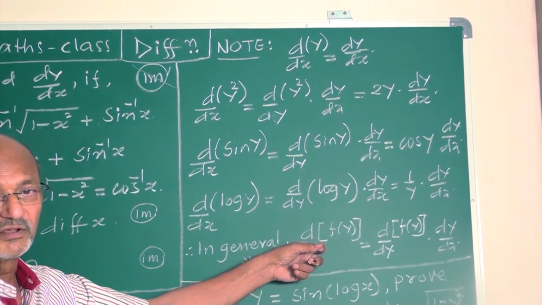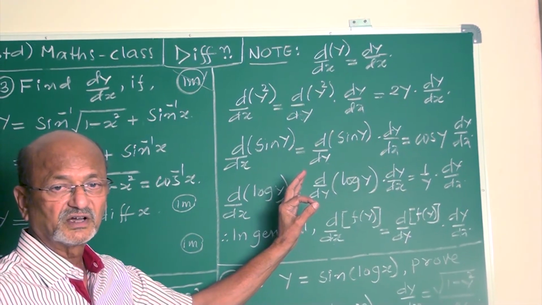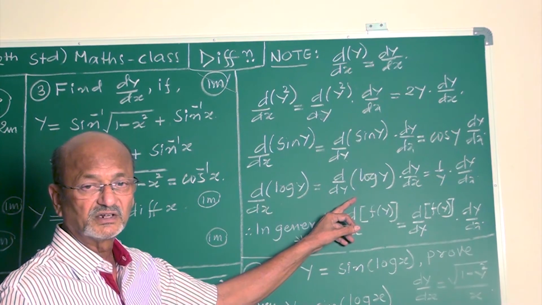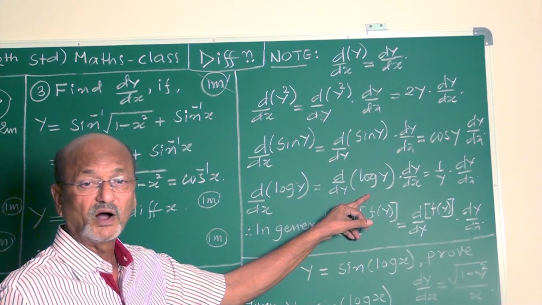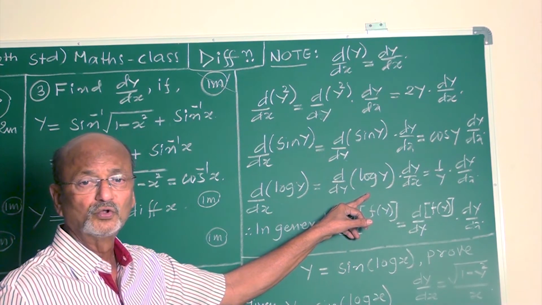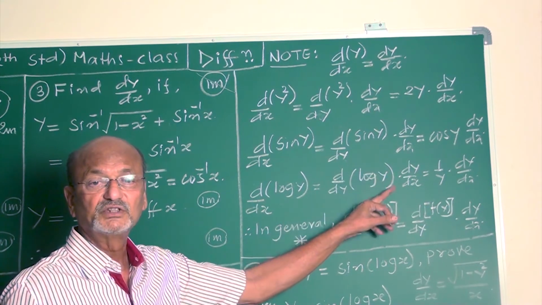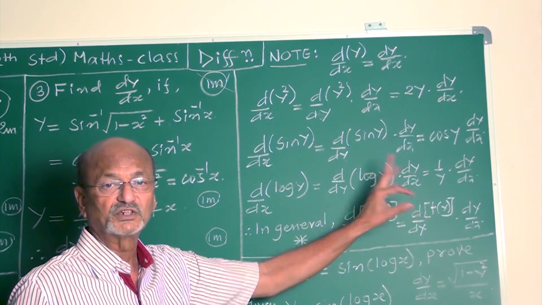What is that rule? While differentiating any function other than x with respect to x, first differentiate that function with respect to the same variable. If it is y, if it is u, if it is t, first with respect to t, then t with respect to x. If it is y, first with respect to y, then y with respect to x.